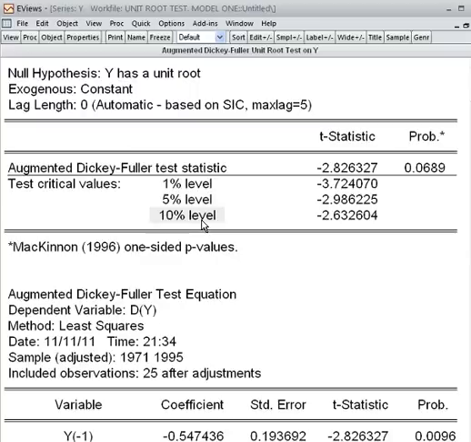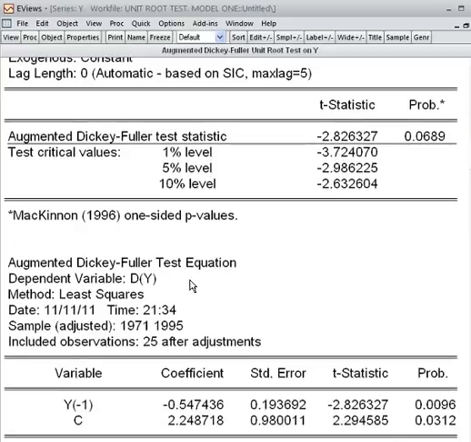Normally we do not accept the 10% level. So now this test statistic is less than this one and less than this one, meaning that we cannot reject the null, meaning that we accept the null hypothesis, that is, y has a unit root. And the probability concept also gives the same decision that y has a unit root.